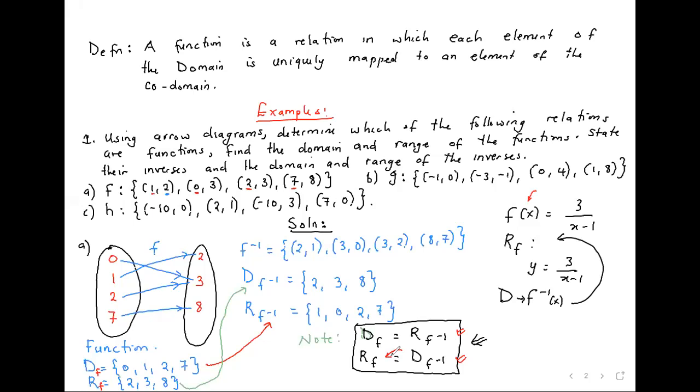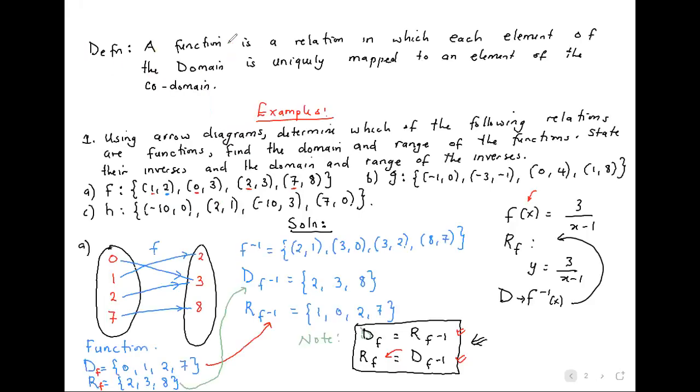So you go to B, we're given the function g: -1, -3, 0, 1. Find first an arrow diagram and then the domain.